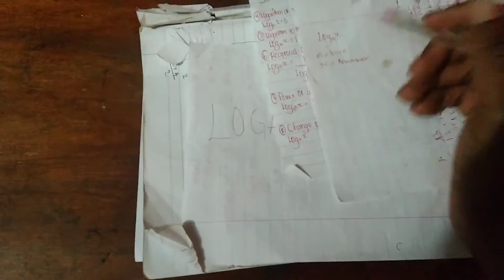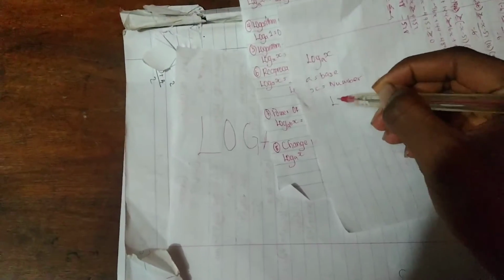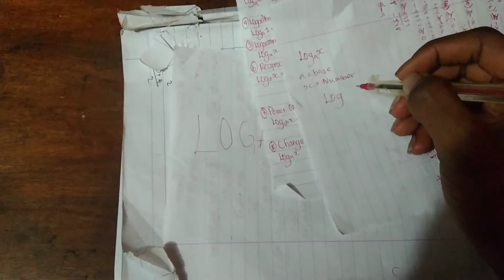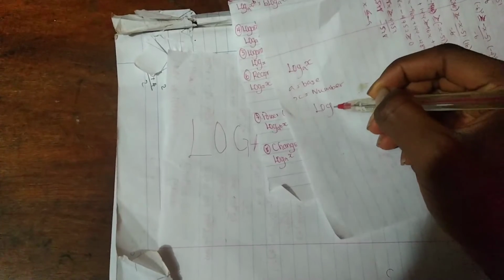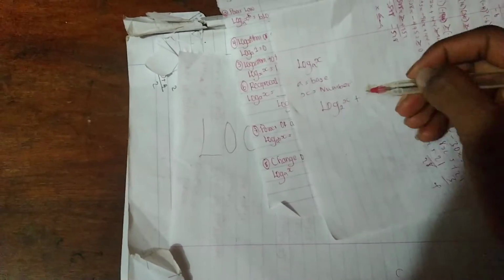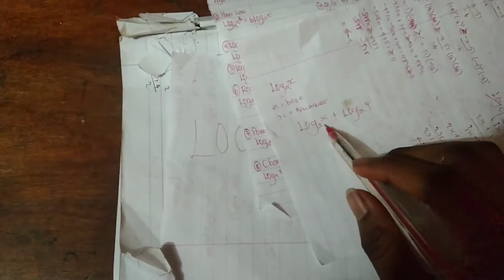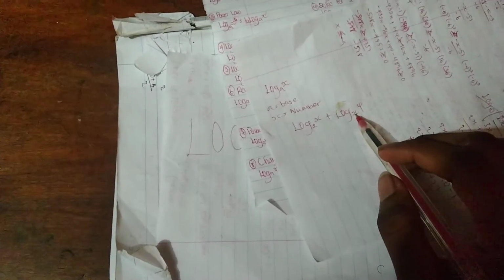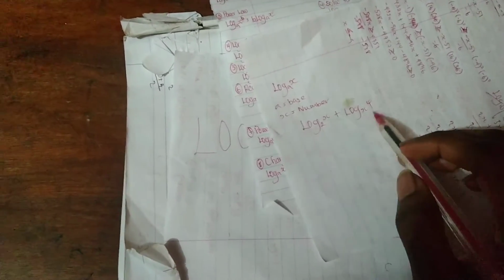Change of base, let me explain it. Let's take for example, we have log 2x plus log x4, and we want to change this base to base 2.